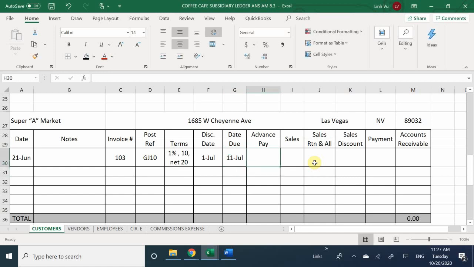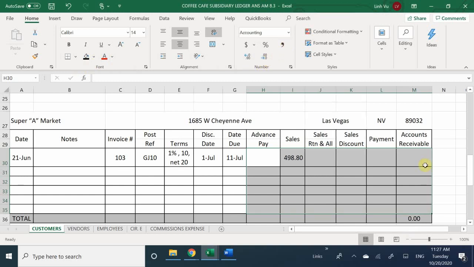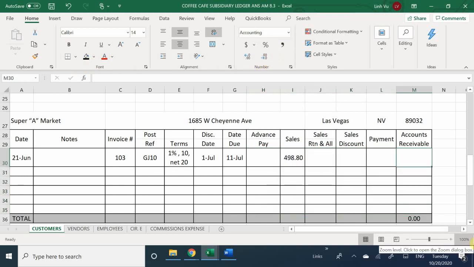Okay. No advance payment here. What was my total sales receipt? $498.80. Okay. No payment was made. No discount was granted yet. It should be the same amount, 498.80. Yes. So I'm going to apply my formula here.